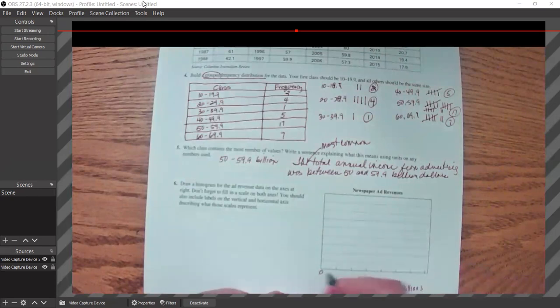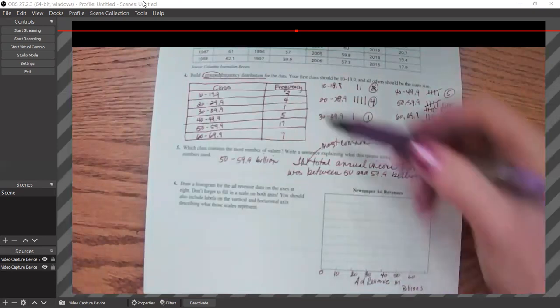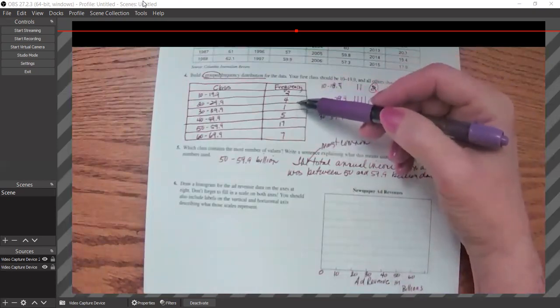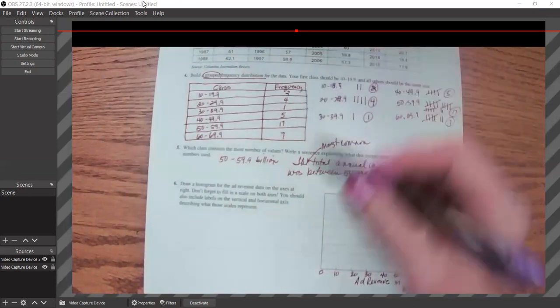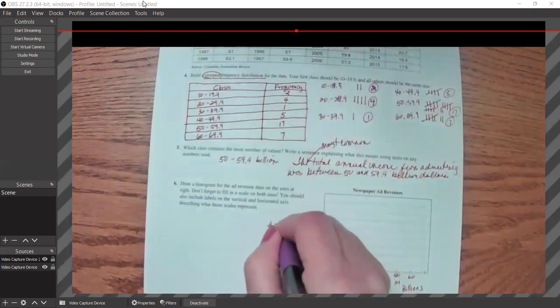And that'll be 10 billion, 20 billion, 30 billion, 40 billion, 50 billion, and 60 billion. So from here to here would be 10 to 19.9. From here to here would be 20 to 29.9. And then if we look at this data, that's going to be the number of years or number of occurrences.